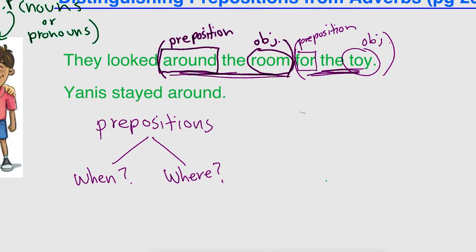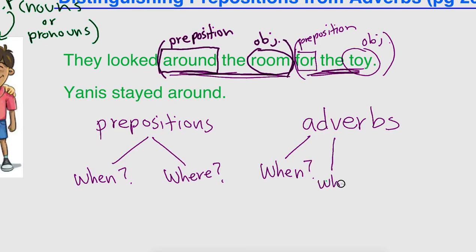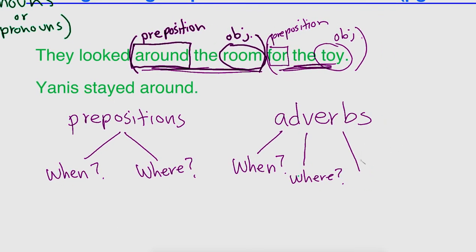And adverbs, if you remember our lesson on adverbs, are words that answer a lot of questions. One of the questions they answer is when. Adverbs also answer where, and there are two more: they answer how, and lastly, how much, or as Rebecca puts it, to what extent.